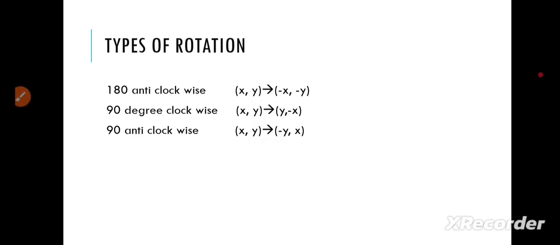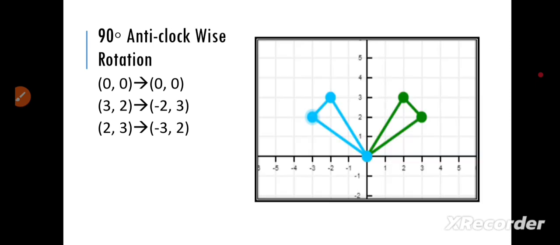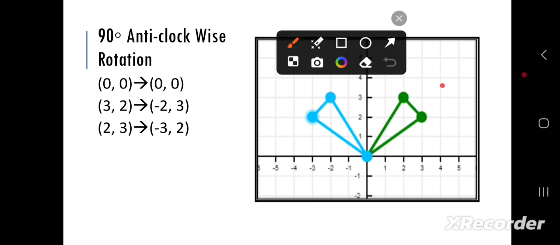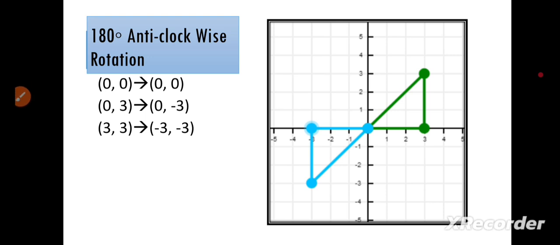And what about anti-clockwise? For anti-clockwise, we are going to flip, but the first coordinate is negative. Now this is in an anti-clockwise direction, and we get a flipped image, a rotated image. Again an example of 180 degree.